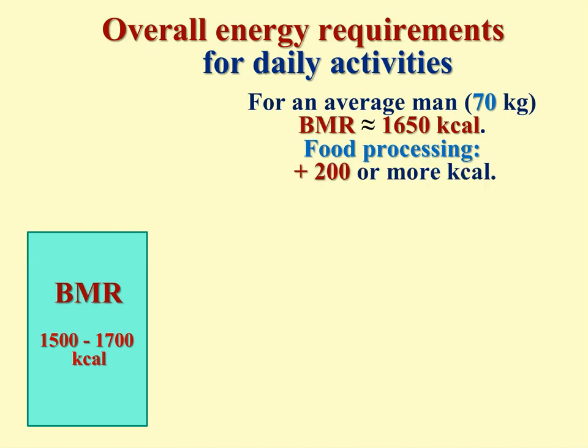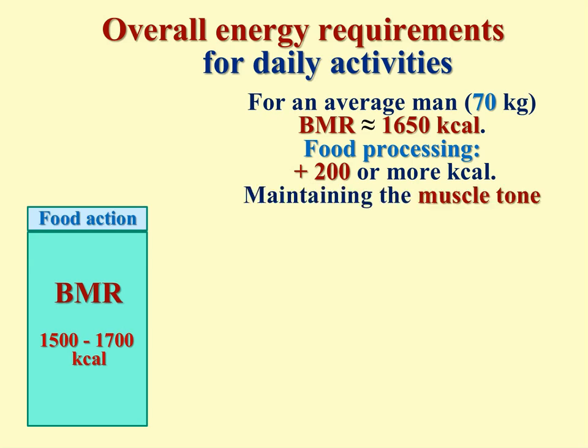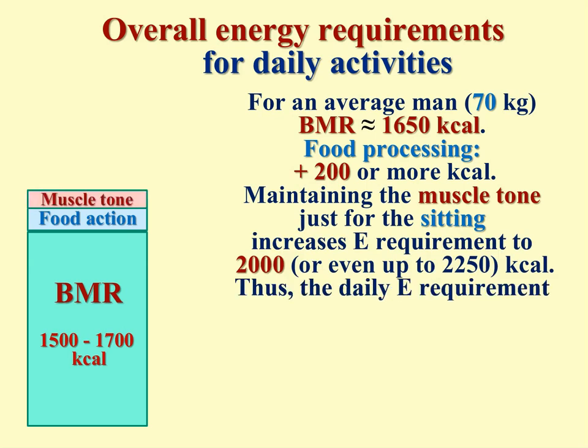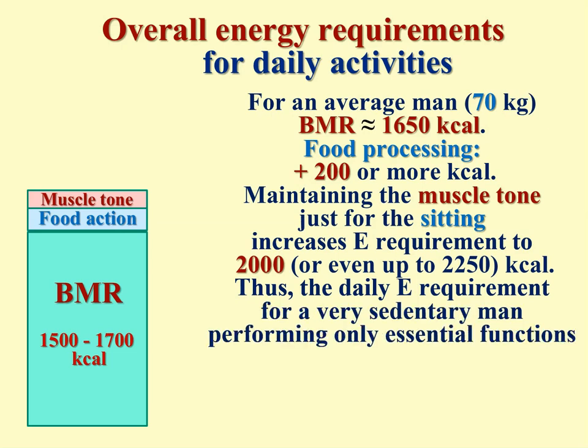Then food processing, approximately about 200 kilocalories added. Then maintaining the muscle tone just for sitting already increases it up to 2,000. And the daily energy requirement, if no serious physical activity is performed, is already 2,000 kilocalories, or it can be said with a capital C, simply calories.